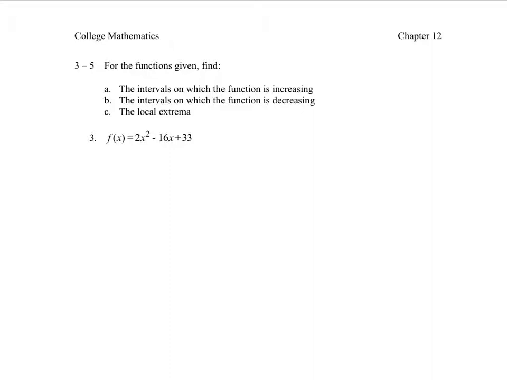So the first thing we'd have to do is find any possible critical values. Then we're going to check to see if they could be a local max or a local min. And the way we do that is with this sign analysis. And we'll be able to tell if the numbers to the left of this critical value we come up with are increasing or decreasing.